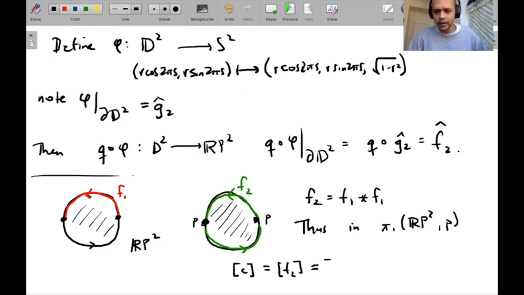But on the other hand, it's the homotopy class of F1 concatenate with F1. But this is the product in the fundamental group, so this is F1 squared. So this shows rigorously that this loop F1 has order 2 in the fundamental group.